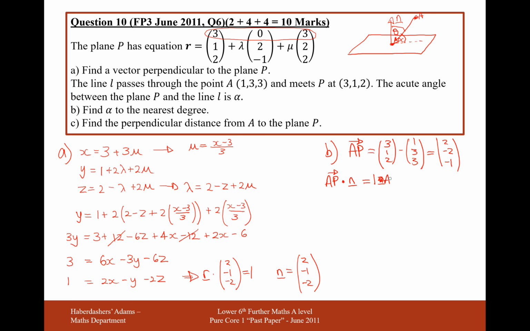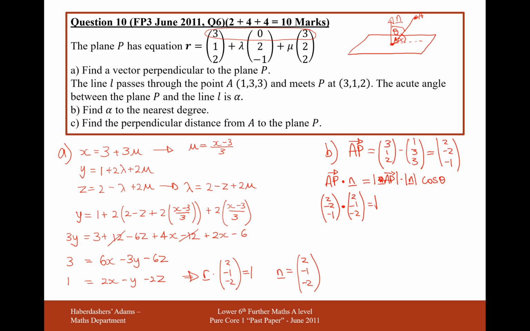That's going to be A to P dot with n vector times cos theta. So using this formula to work out the angle between two vectors, we have 2, minus 2, minus 1, dotted with the n vector, which is 2, minus 1, minus 2.